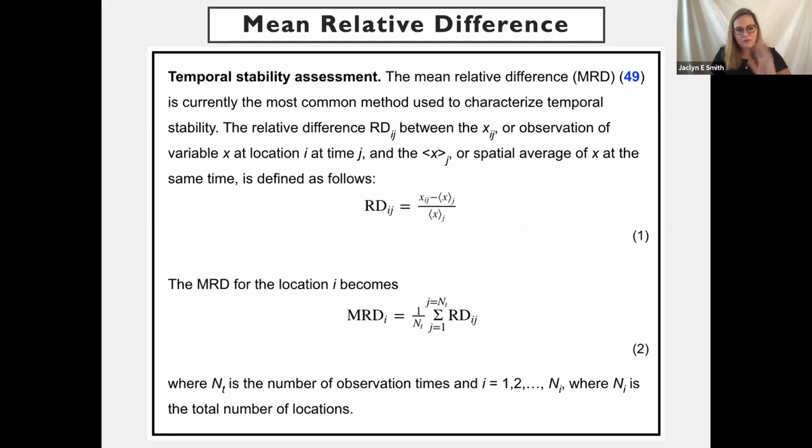So then you have your relative differences. We have a relative difference for each location, for each sampling date. They end up getting averaged at the end of the summer, and that gives us a mean relative difference for the entire sampling season. And this shows locations in which the concentrations are consistently higher or consistently lower than the average across the pond.